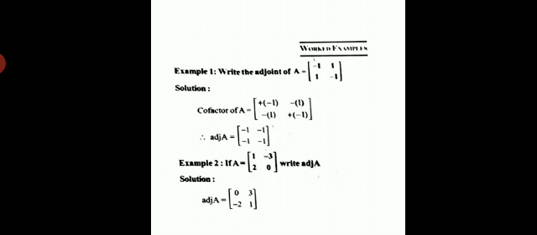You just interchange them. In place of 1 you put 0, and in place of 0 you put 1. 1 and 0 interchange, and minus 3 and 2 change sign. Minus 3 becomes plus 3, 2 becomes minus 2.